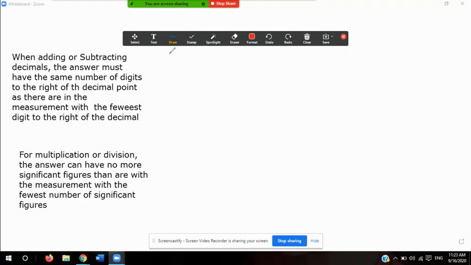So the first one, sample problem EA, says subtract 5.44 meters minus 2.6103 meters as well.